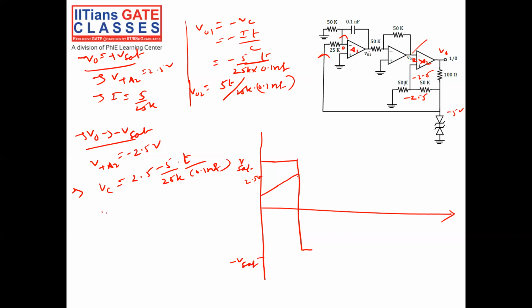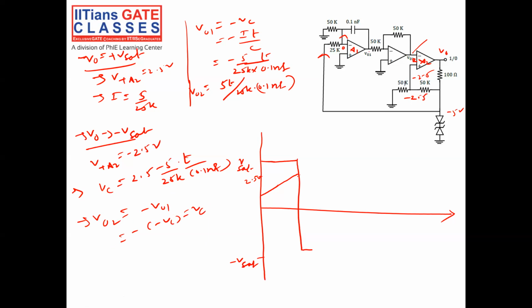V02 is equal to minus V01, and minus V01 is nothing but minus of minus Vc, which is Vc. Clear? So V02 is nothing but Vc only, right?